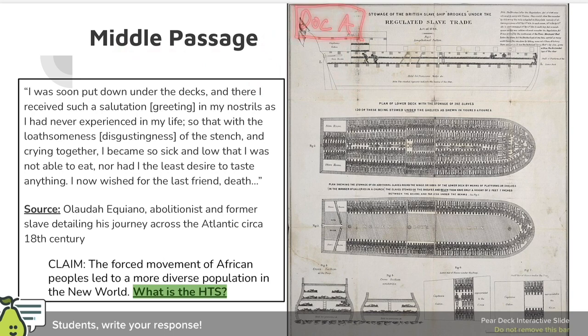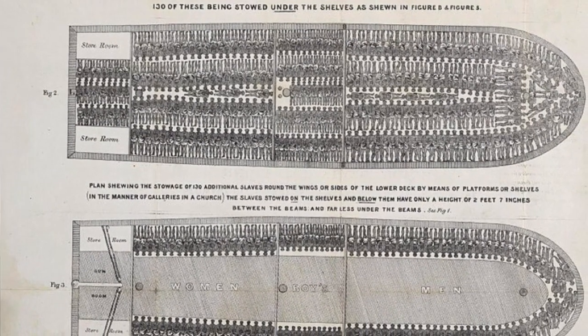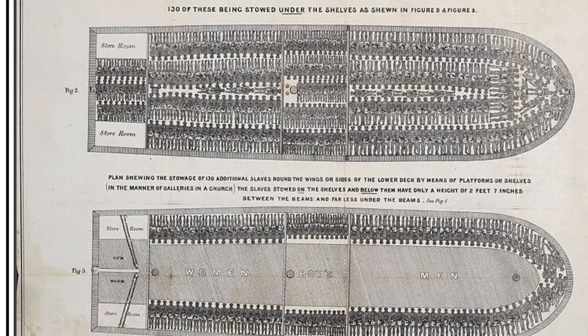It has the label of slave trade, regulated slave trade, and it shows a boat and people in that boat or that ship. And look at how closely packed together they are. So they're packed very close together. Not a lot of room. Not very hygienic, right?